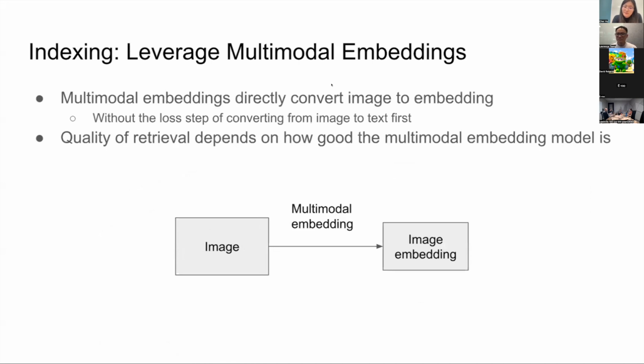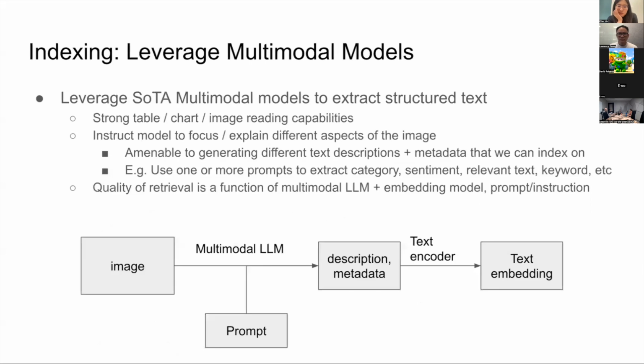And this dives a little bit deeper into the indexing process, like leveraging multimodal embeddings. During the indexing process, when you feed in an image, for instance, you could use an image embedding to index that image natively, which we're not going to cover during this webinar, but there are different types of embedding models.